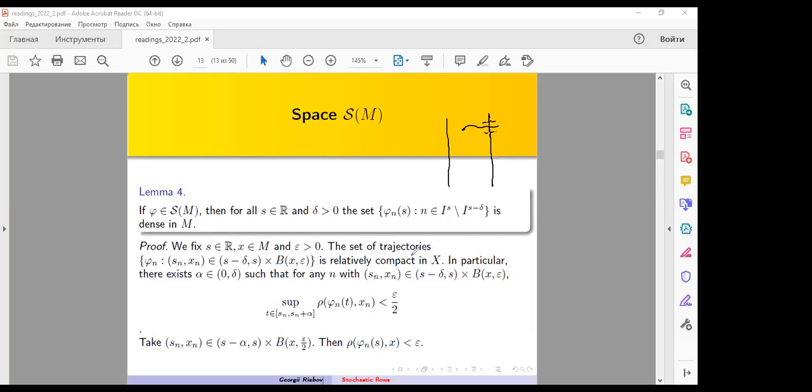The proof follows from the fact that the set of trajectories that started in a bounded set is relatively compact. So we can estimate its deviation and get the needed property.